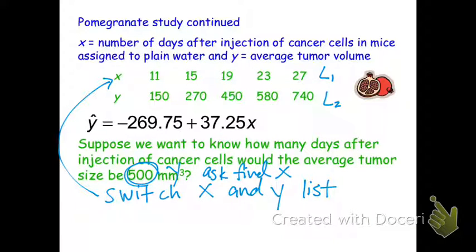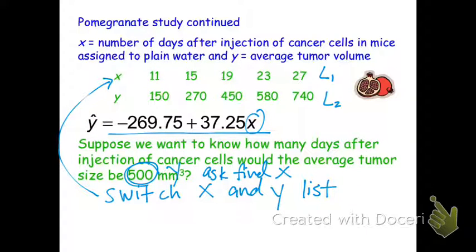So essentially, when you do stat calc 8, what is your linear regression equation? Y hat equals negative 269.75 plus 37.25x. So algebraically, you would think, okay, I'm just going to put 500 here and then get x by itself.